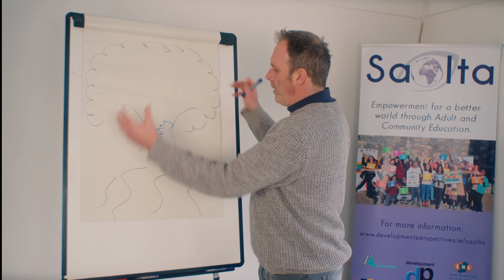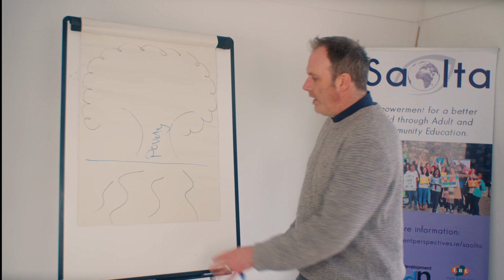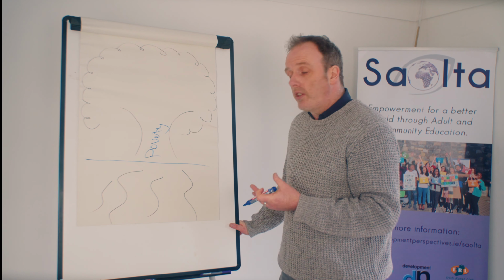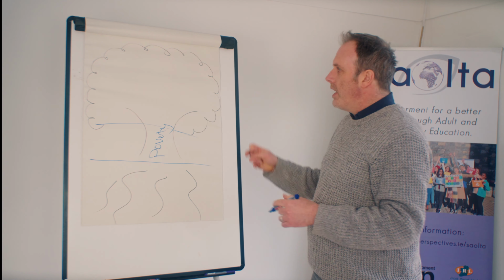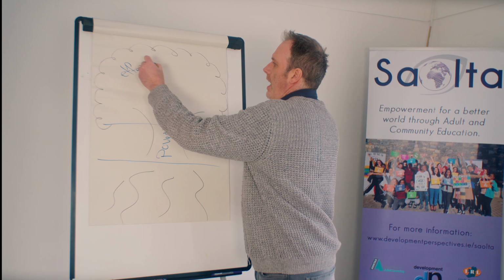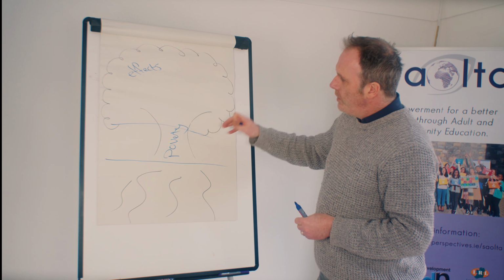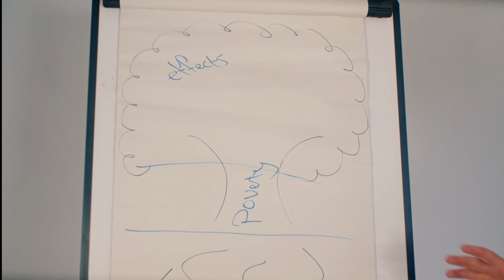And how we begin to explain this is that what's below the ground level is the roots of the tree, or the causes of where the problem comes from. And what we see from the top end of the tree is the effects or the symptoms. What global citizenship education is trying to do is to not dismiss what is up here, but to really address what's underneath.